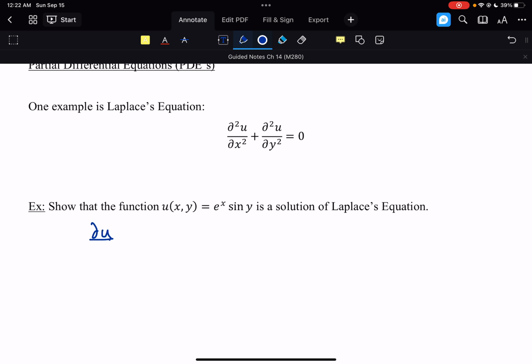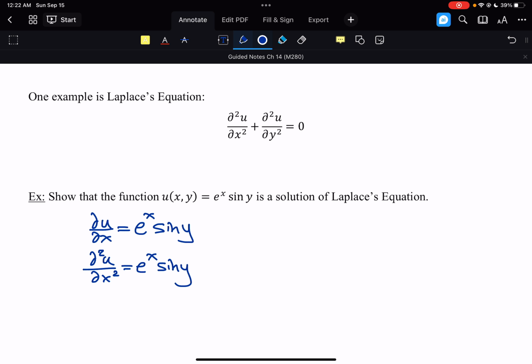So partial u with respect to x of this. Derivative of e to the x is e to the x. Sine of y is a constant with respect to x, so it's going to stay the same. So that's good. Partial squared u with respect to x squared. Derivative again with respect to x, again does not change. e to the x stays the same.